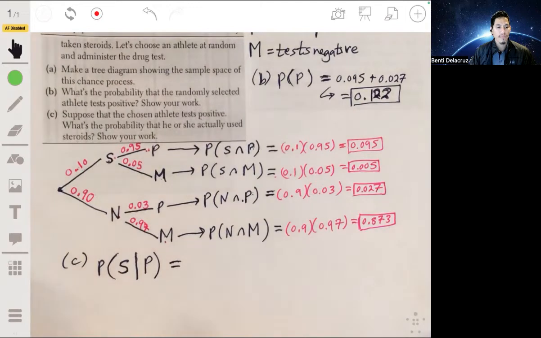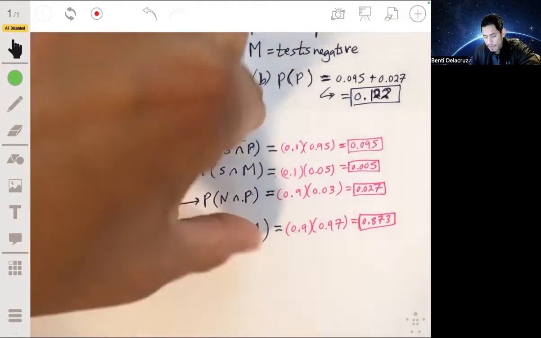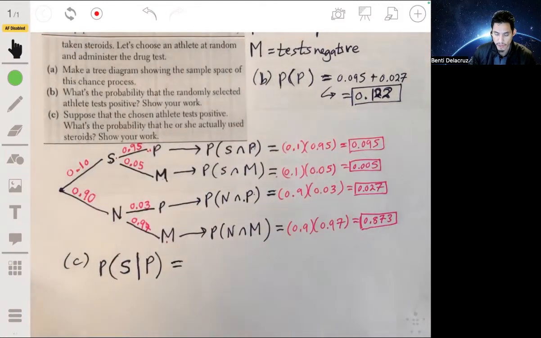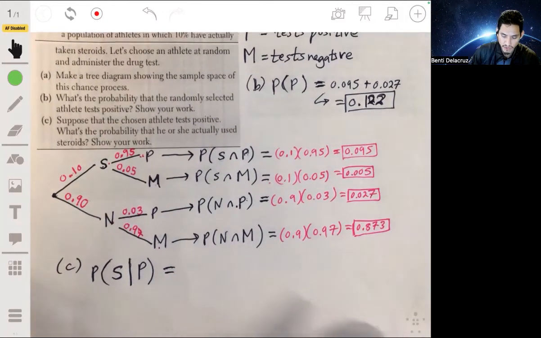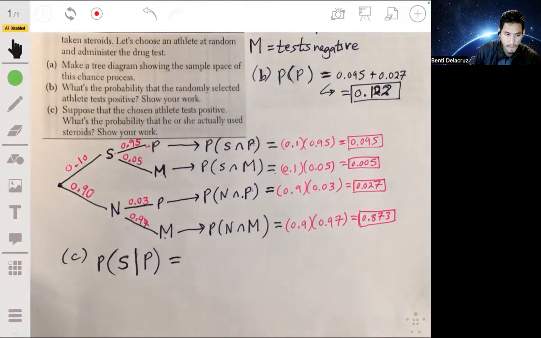Now, as long as you know how to translate your formula on your formula sheet, this is actually really easy because we did the full probability tree. So if you look at your formula sheet, it's going to have this formula. I'm going to put it over here.